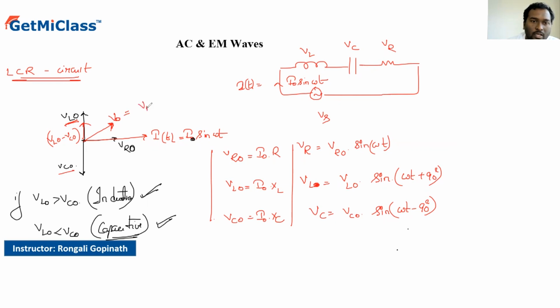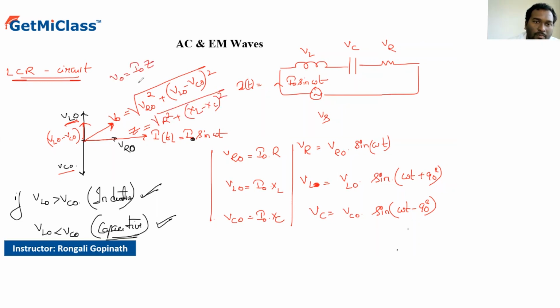So V naught can be written as the square root of VR naught square plus VL naught minus VC naught whole square. From here Z can be written as the square root of R square plus XL minus XC whole square, because V naught equals I naught into Z and VR naught equals I naught into R. Substituting VL naught is I naught into XL, VC naught is I naught into XC. This is how we get it for an LCR circuit.